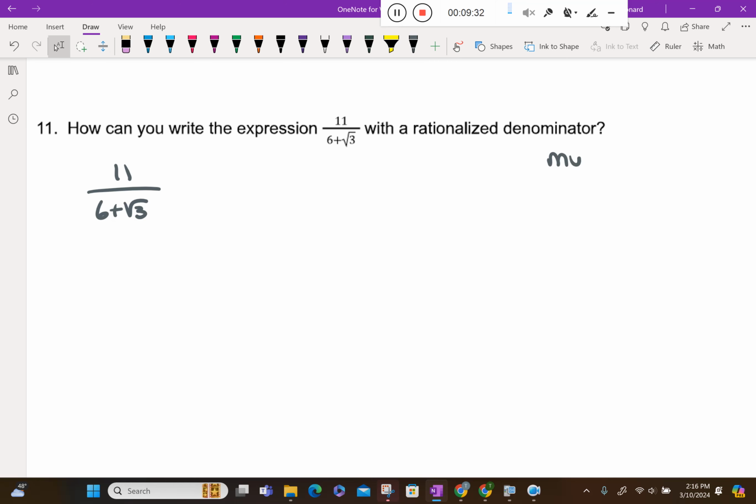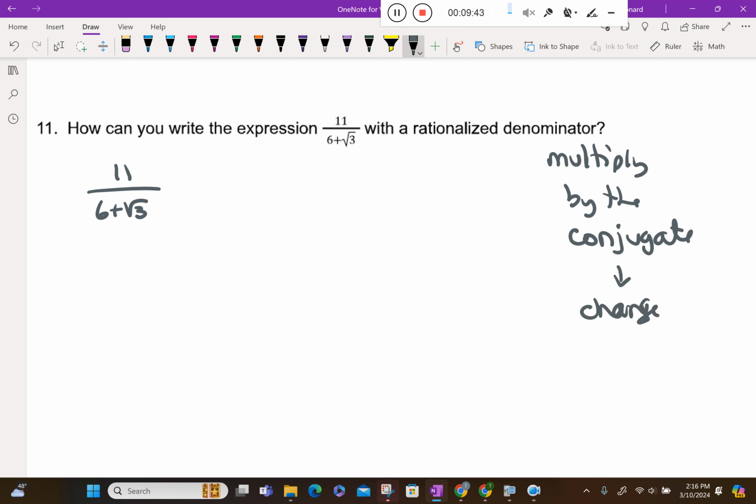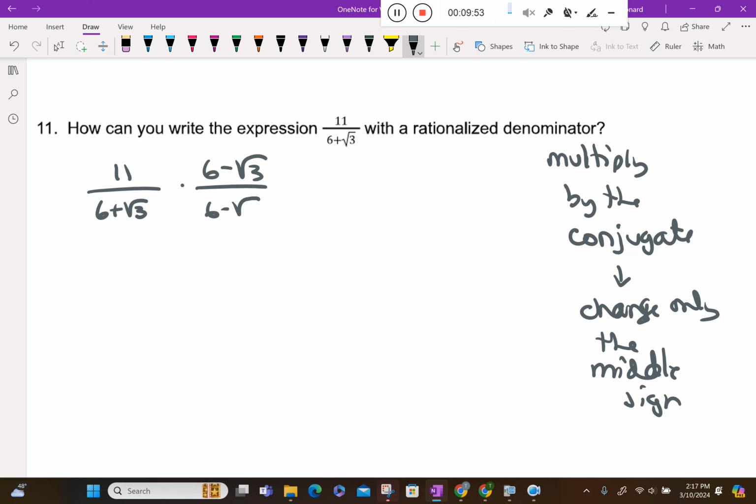So instead, we multiply by the conjugate. The conjugate changes only the middle sign, so it's different than an opposite. We're going to multiply by 6 minus root 3.